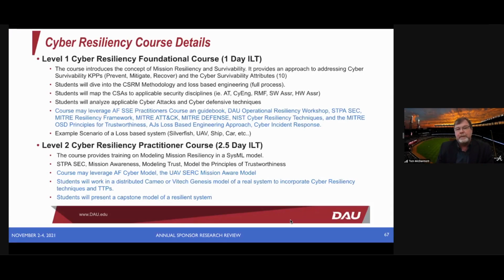A further step we'll take that we haven't started yet is turning this into a multi-day training program that would be more focused on industry and government, and on the engineering details as opposed to just the acquisition details of this methodology.